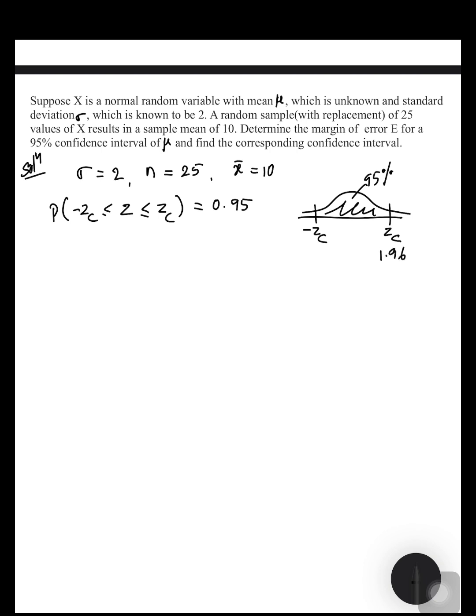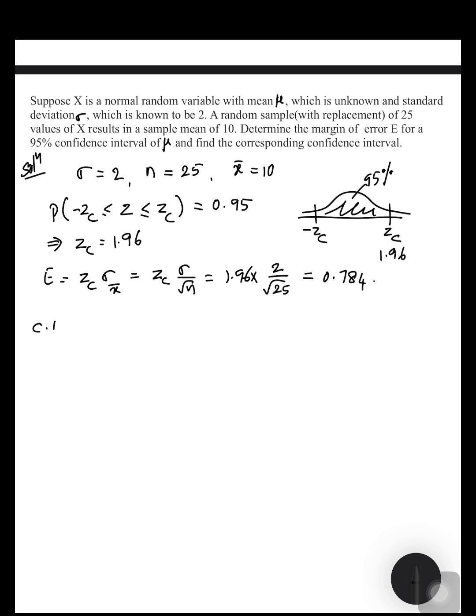Therefore zc equals 1.96, and we have E equal to zc into sigma x bar, which is zc into sigma over root n, which is 1.96 times 2 over root 25, which is found to be equal to 0.784. So this is the error which we can expect at a 95% confidence interval for the existence of mu.